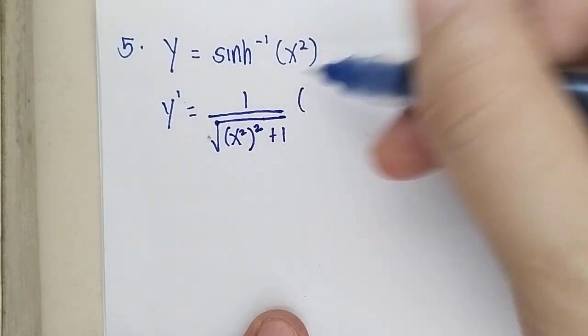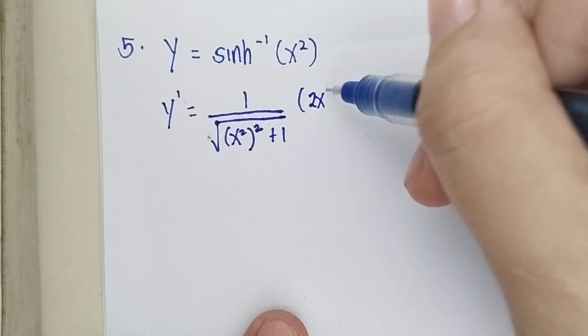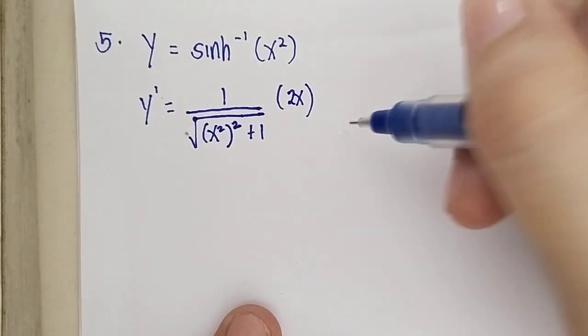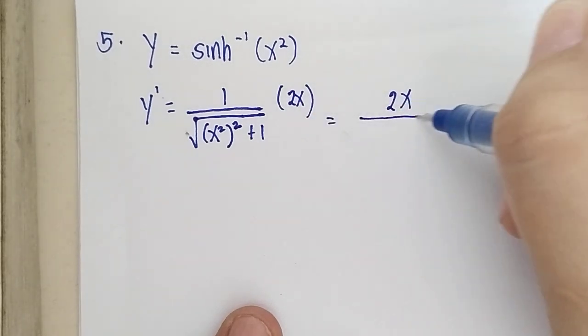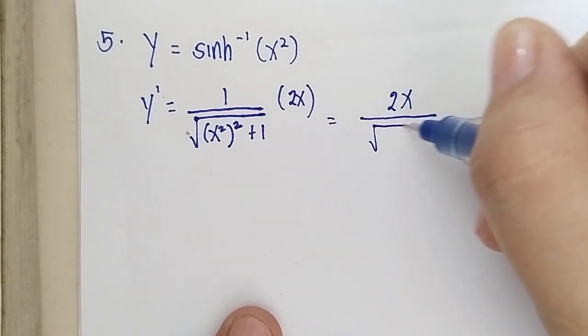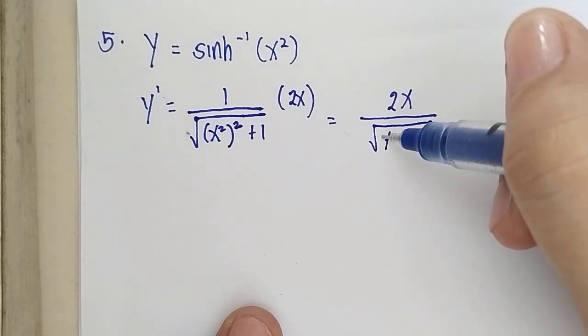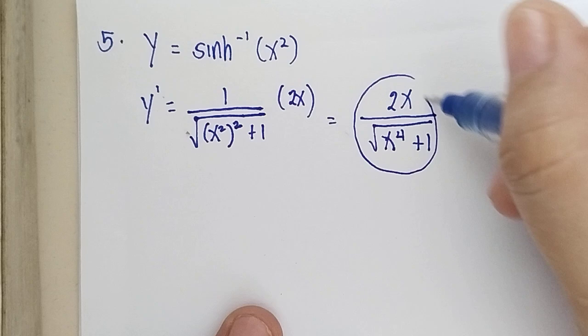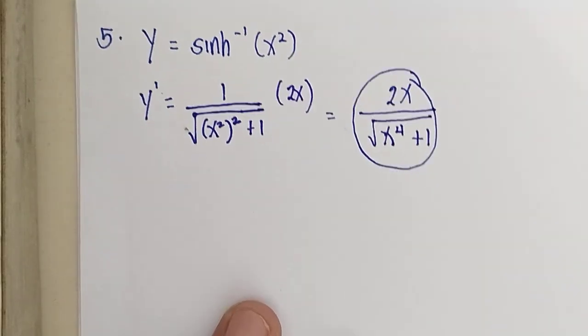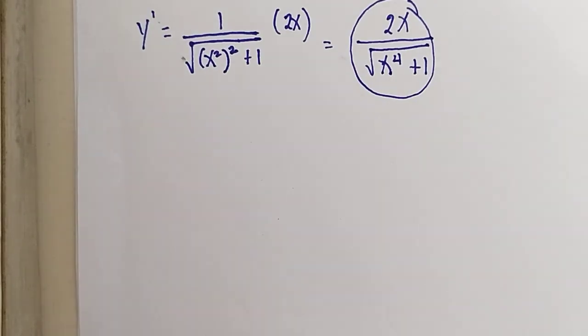Then, the derivative of our u is 2x, because 1 times 2x is 2x. Then, the square root of x squared squared, which as we know is x raised to 4, plus 1. So, this will be our accepted final answer.